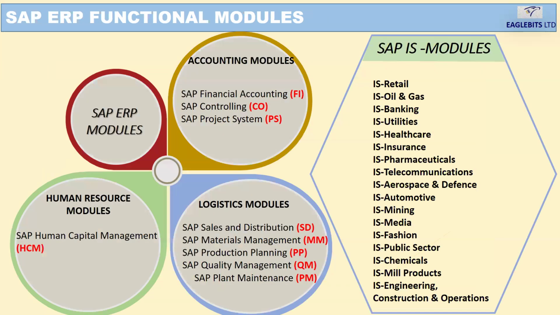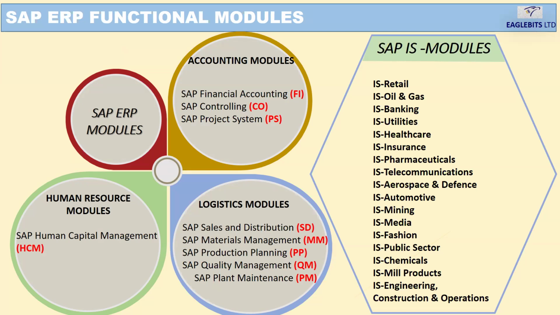What are these functional modules? I've divided these functional modules here into three basic parts. I would say four, because we have the industry-specific modules as well, which eventually will fall under any of these three.